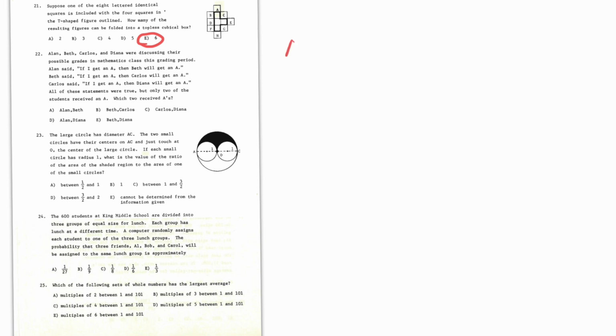So Alan said, if Alan gets the A, then Beth will get the A too. If Beth gets the A, Beth said Carlos will get the A. And Carlos said if he gets the A, then Diana will get the A.